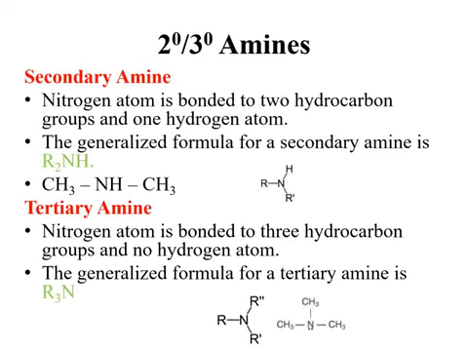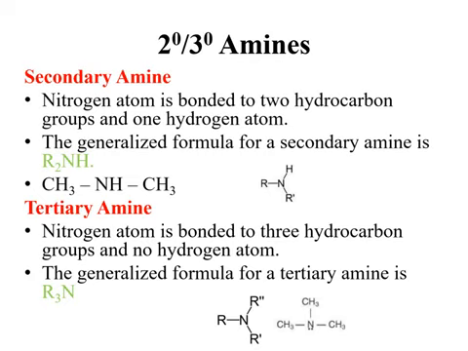In this slide, we shall talk about the rest of the two classes of amines, that is secondary and tertiary amines. A secondary amine is an amine in which the nitrogen atom is bonded to two hydrocarbon groups and one hydrogen atom.